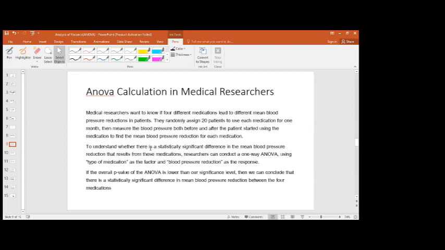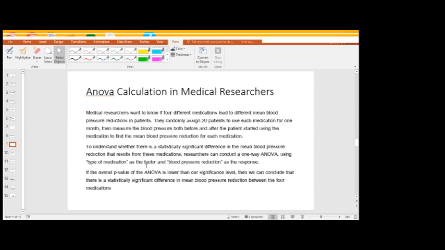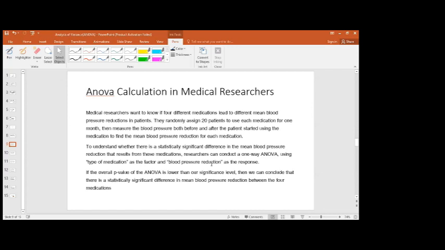To understand whether there is a statistically significant difference in the mean blood pressure reduction that results from these medications, researchers can conduct a one-way ANOVA using type of medication as the one factor and blood pressure reduction as the response. In the same way, we can calculate all these things in the Excel sheet.